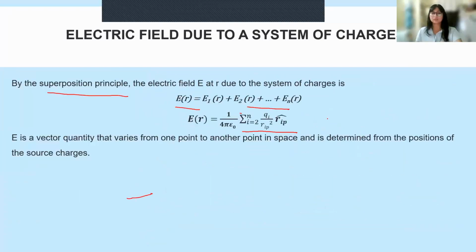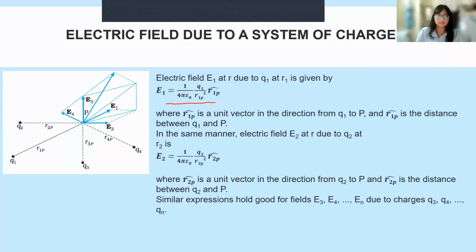Similarly over here, we are considering all these as the field that is created by these source charges at P. So we are finding the electric field due to these source charges.